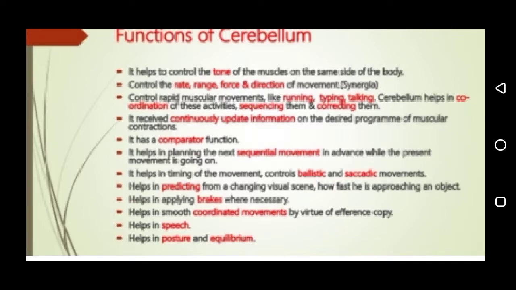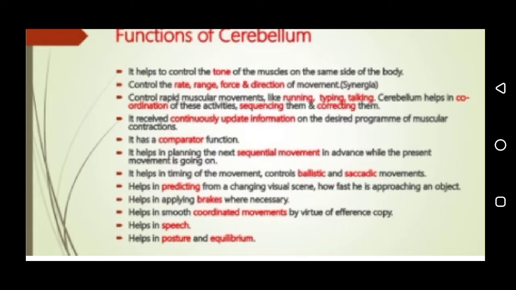First, it helps to control the tone of the muscle on the same side of the body. Second, it controls the rate, range, force, and duration of the movement. Third, it controls rapid muscular movements like running, typing, talking, and helps in coordination of these activities and sequencing them and correcting them.